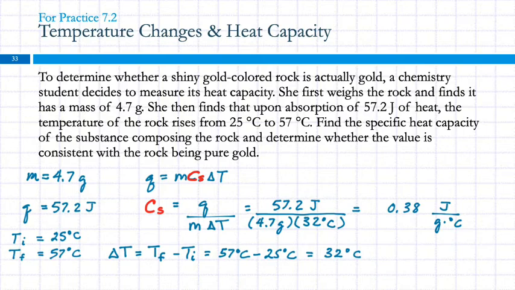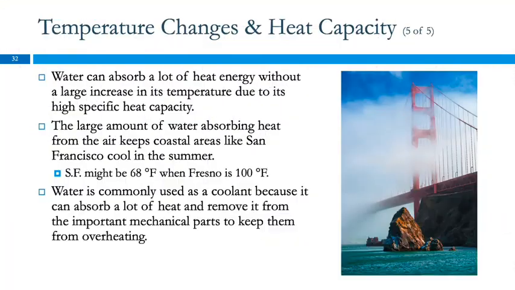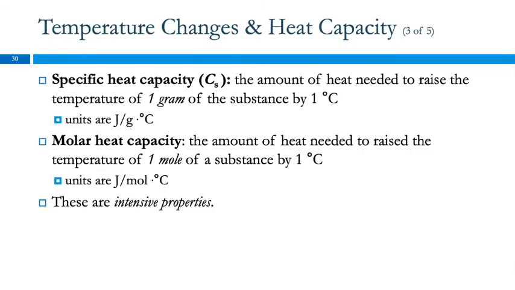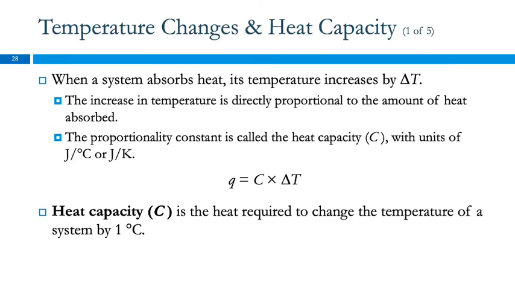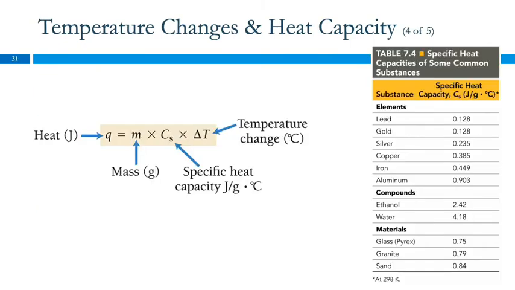So there's the specific heat capacity. How does that tell us whether this is gold or not? We have to find the specific heat capacity of gold. So we need to go look for it. Oops. There it is. So gold, 0.128.